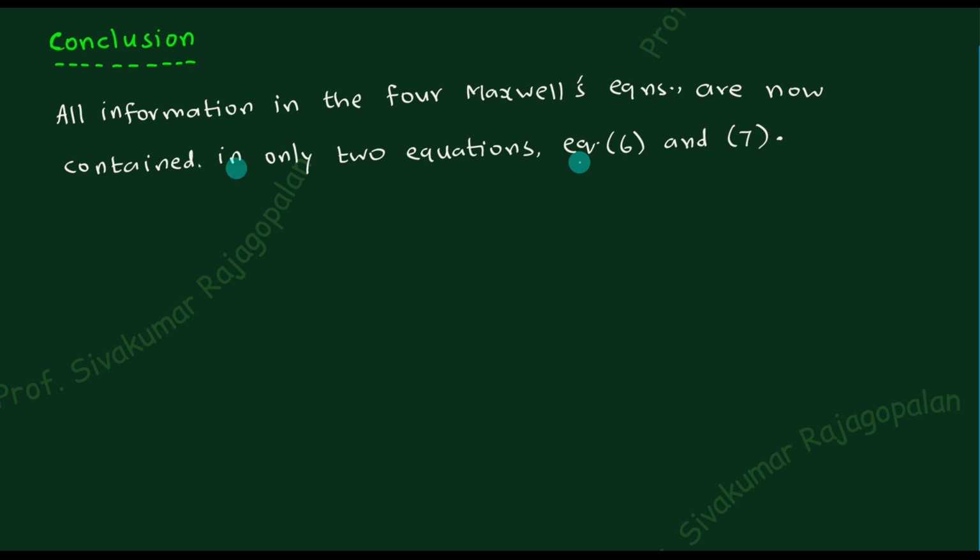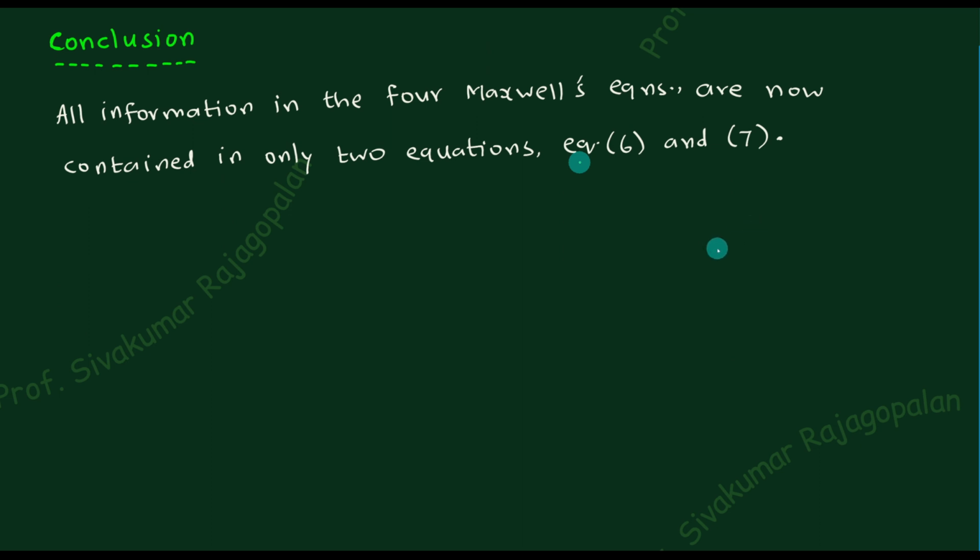But what you are going to say is that all information in the four differential equations is now contained in only two equations. That means it got compressed. A lot of information is contained in two equations itself.